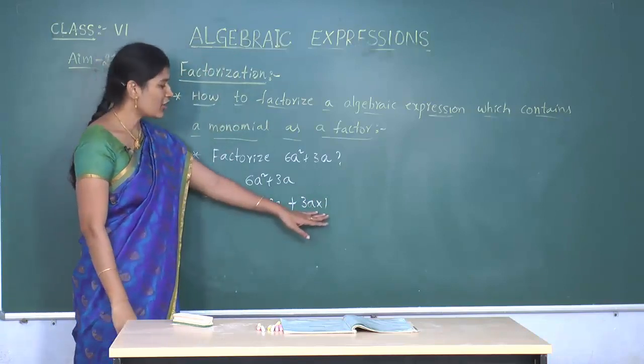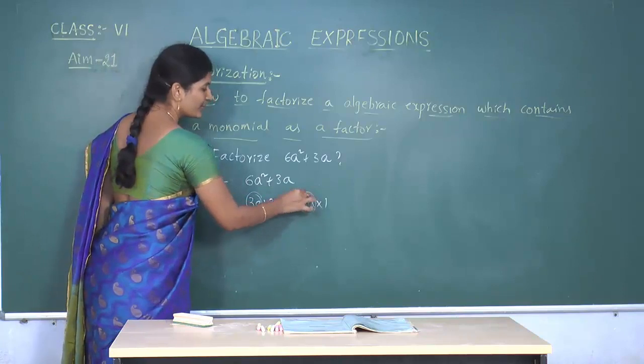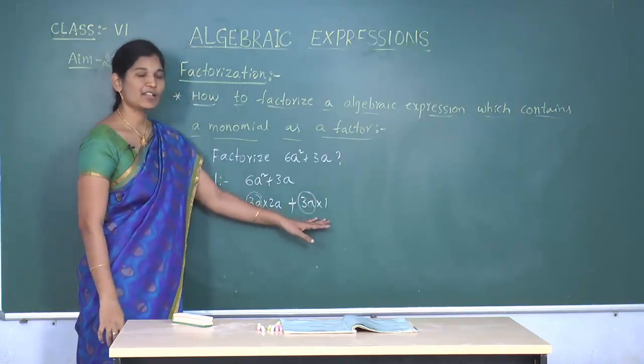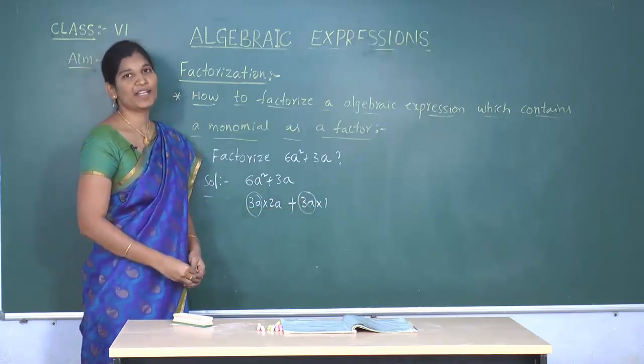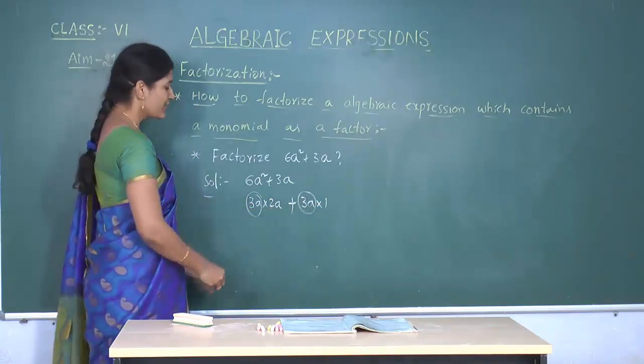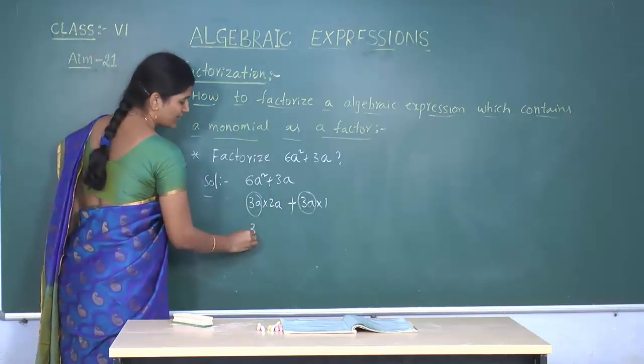If you observe this algebraic expression, 3a is a common factor, and we know 3a is a monomial. In this type, we can take out this common factor.